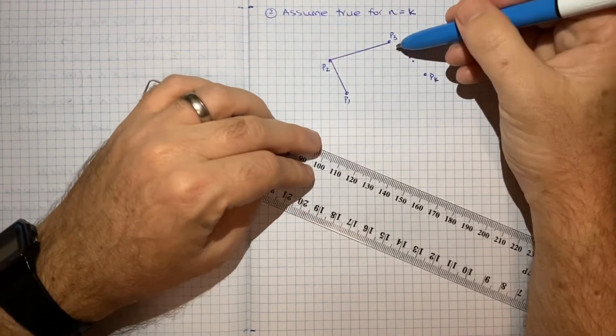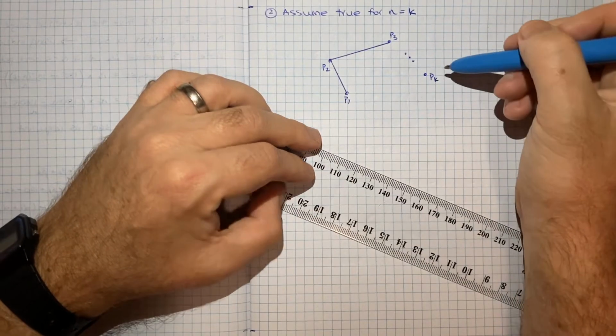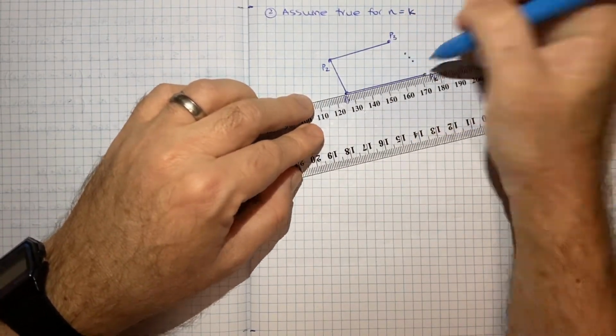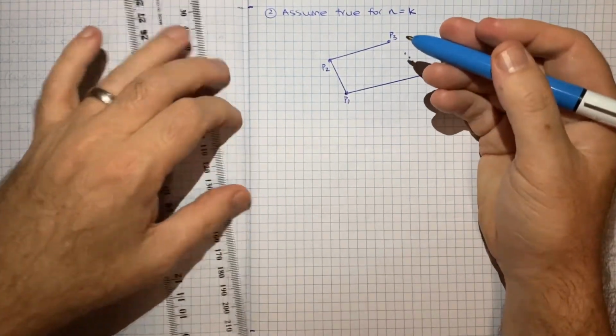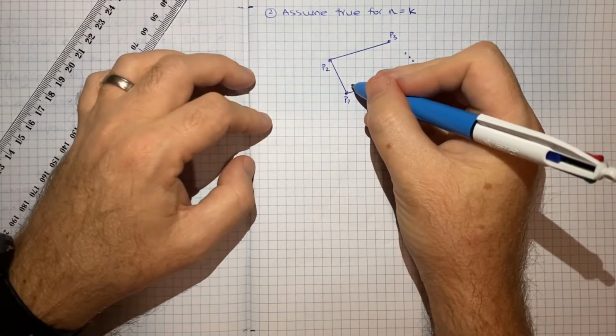I can't really join P3 to PK because there'd be however many other points in between, but I can join PK to P1. And kind of like what I did in step 1, I'll call the interior angles alpha.